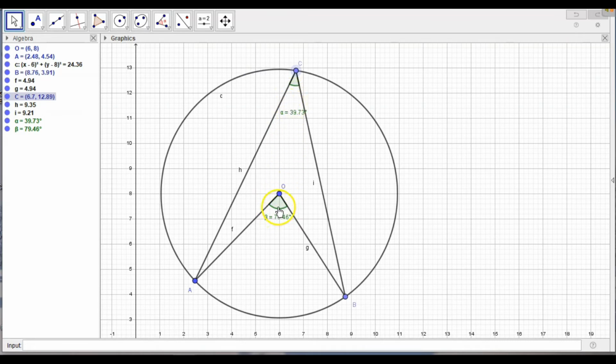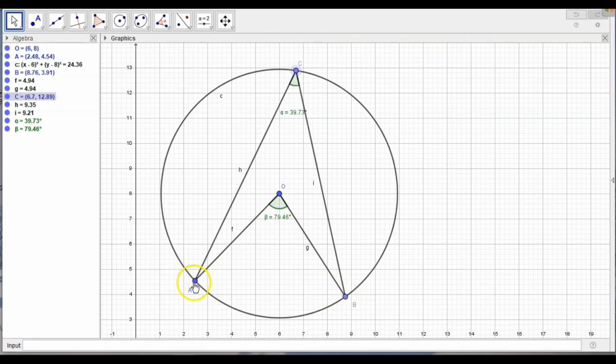It is always going to be the same. So this verifies that twice the angle at the circumference of the circle gives you the angle at the center, on condition that they all subtend from the same point or the same chord.